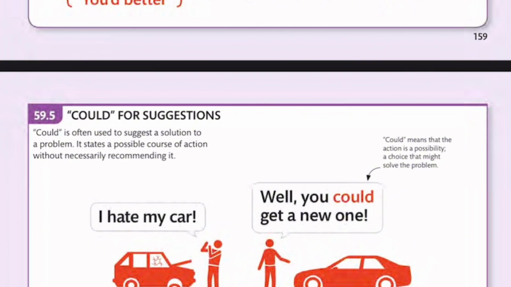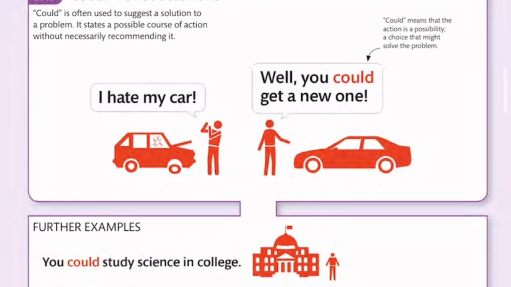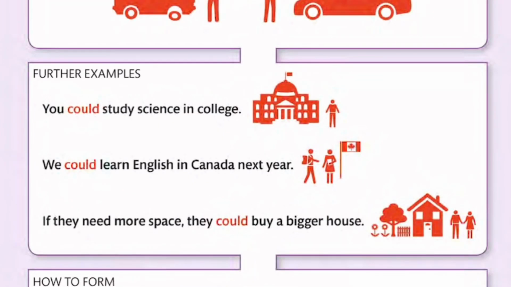It states a possible course of action without necessarily recommending it. I hate my car. Well, you could get a new one. Could means that action is a possibility, a choice that might solve that problem. For instance, you could study science in college.